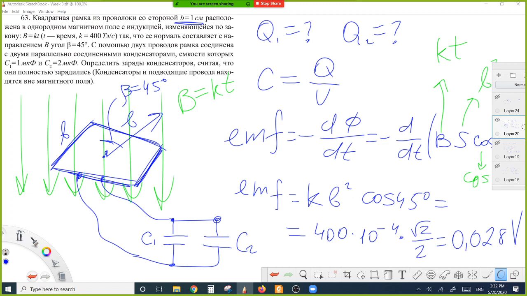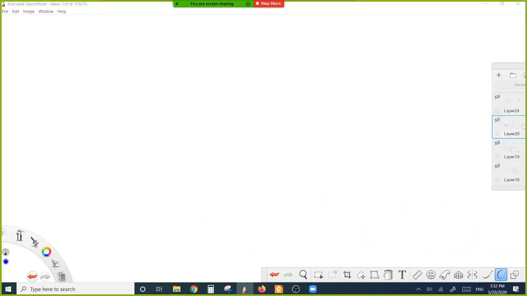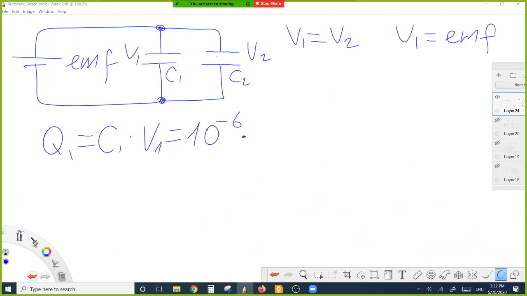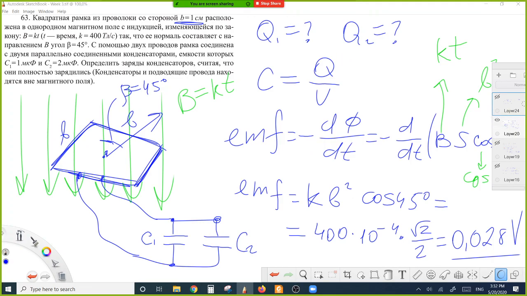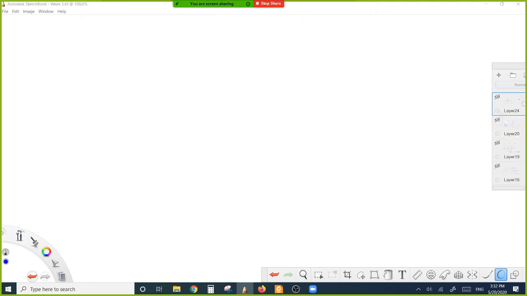V1 is electromotive force, which is 0.028, so 2.8 times 10 to minus 2.